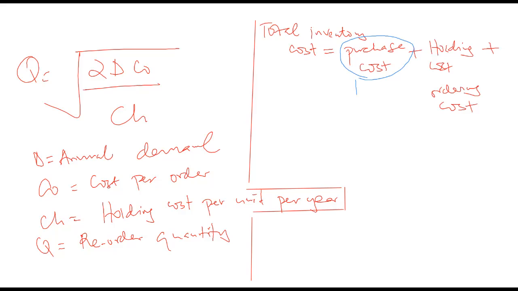Whether you buy 10 items or 1,000 items from the supplier, no discount is received, so the annual purchase cost remains the same. Based on the Q, the relevant cost of inventory is equal to holding cost plus ordering cost.